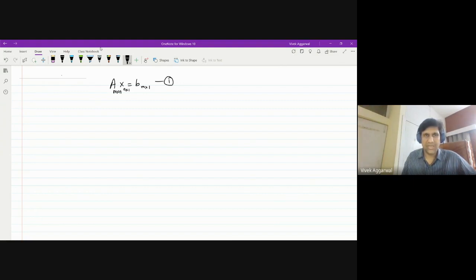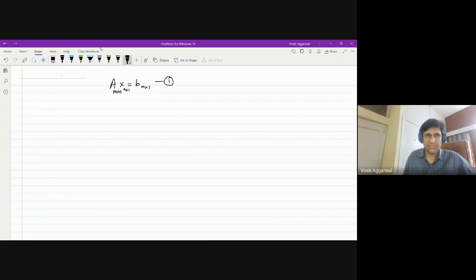Now you know that when the size of this matrix is small enough, then we can solve the system when m is equal to n. So let's start with the basic thing.